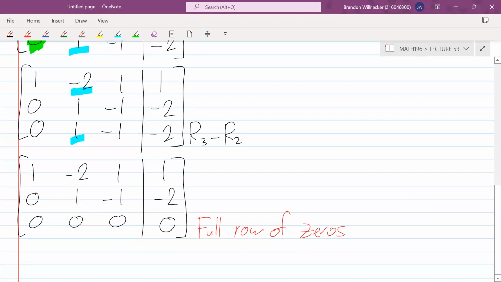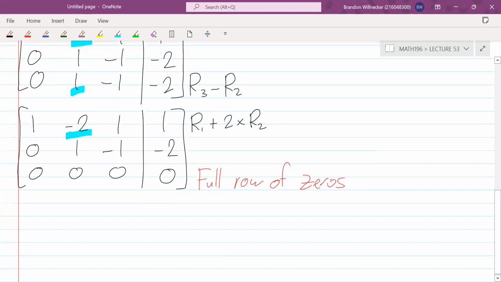Okay, now we need the number above to be a 0 as well. So we can take row 1 and add 2 times row 2. Because then the minus 2 plus 2, that's going to be 0, which is what we need.